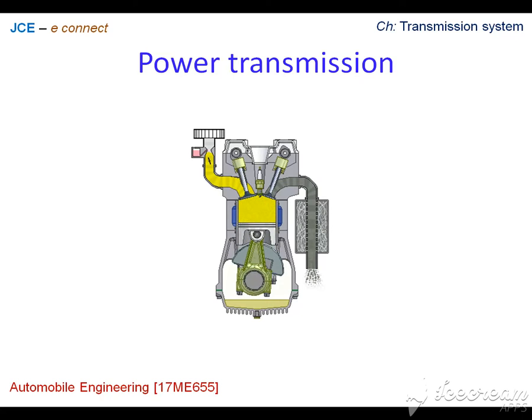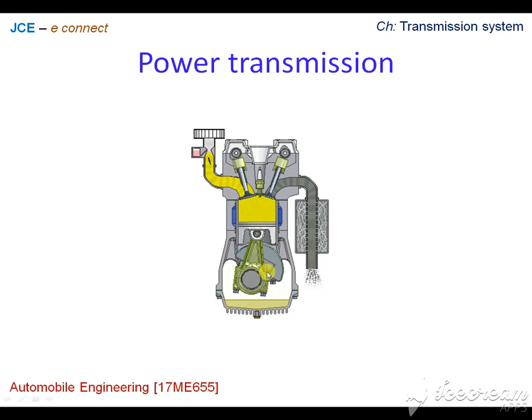During this process, when power is produced inside the engine, that power is transmitted to the crankshaft using mechanical linkages, and these mechanical linkages are the piston, as shown here, and the connecting rod.